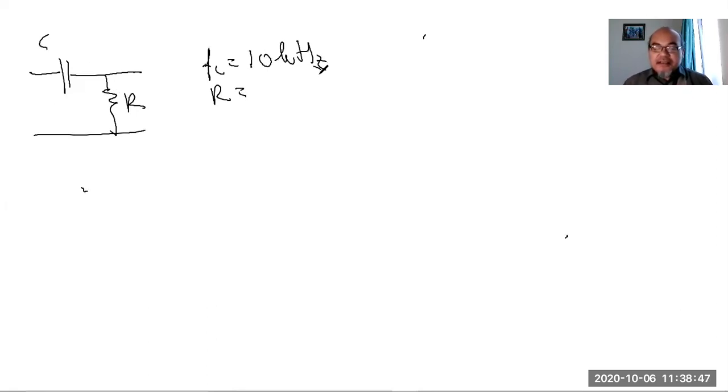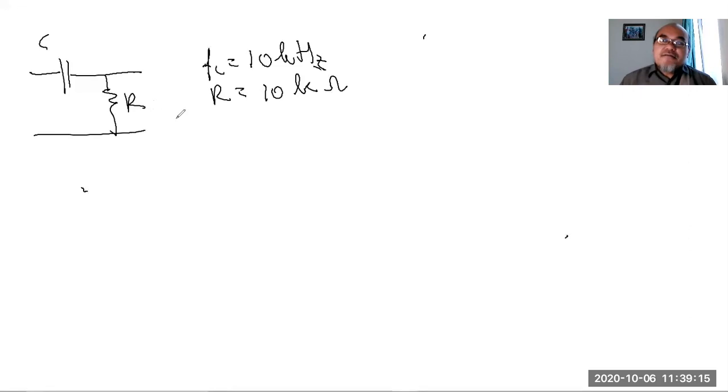Okay, so let's say we choose the resistor to be 10 kilo ohm. Why 10 kilo ohm? Because if we put too small a resistor, for example below 100 ohm, then much current will be drawn through here, and it will create loading to the next circuit.